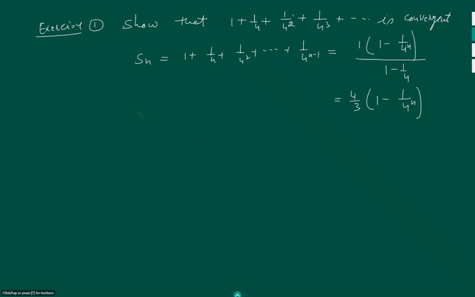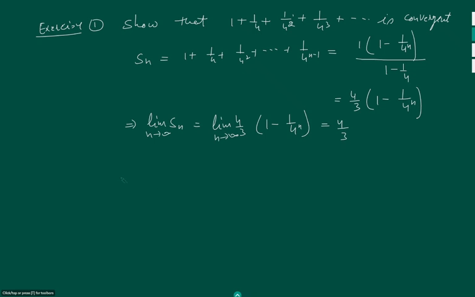So the limit of Sn as n tends to infinity is equal to the limit of 4 by 3 into 1 minus 1 over 4 raised to the power n as n tends to infinity. As n tends to infinity, this is just 4 by 3.